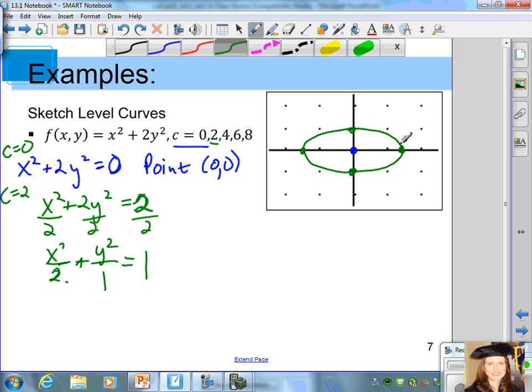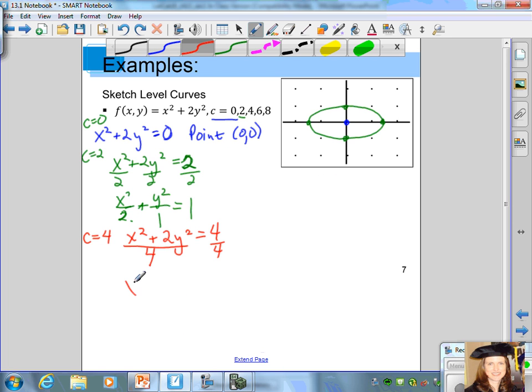Okay. Now let's look at the contour line when c is equal to 4. We have the equation x squared plus 2y squared is equal to 4. Again, this is going to be an ellipse. We're going to divide by 4, and the resulting equation is x squared over 4 plus y squared over 2 is equal to 1.